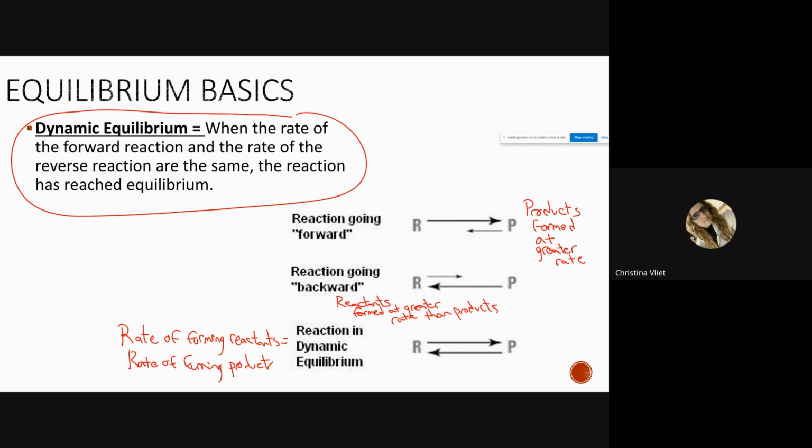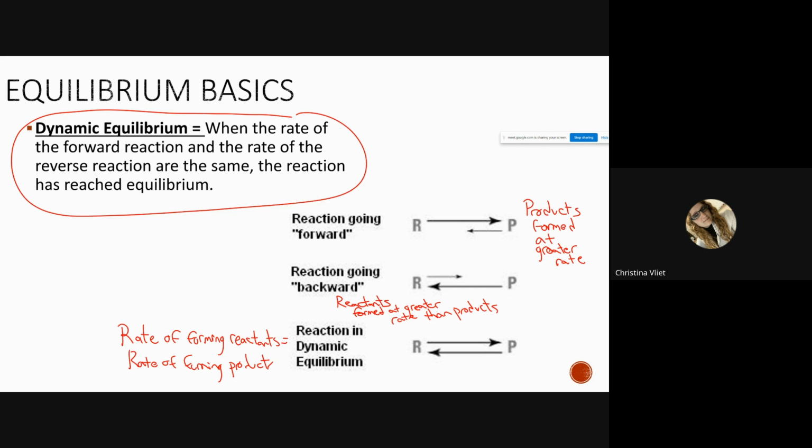All right. So a reaction in dynamic equilibrium means the rate of forming your reactants and the rate of forming your products are the same as each other. Make sure you're taking the notes. So what this means is that the amount of your reactants and products are constant at that point.